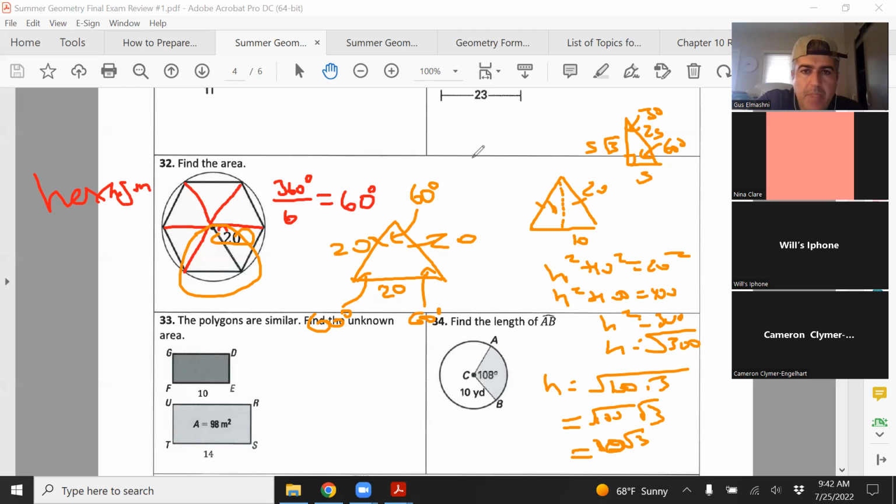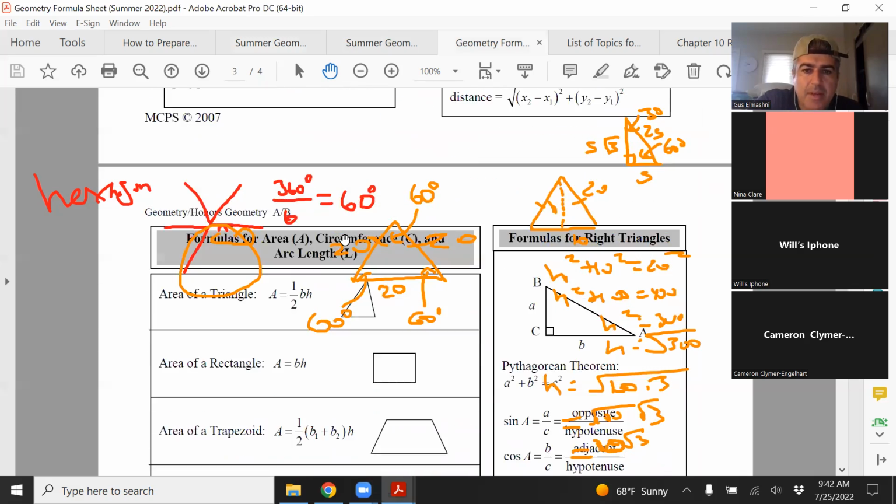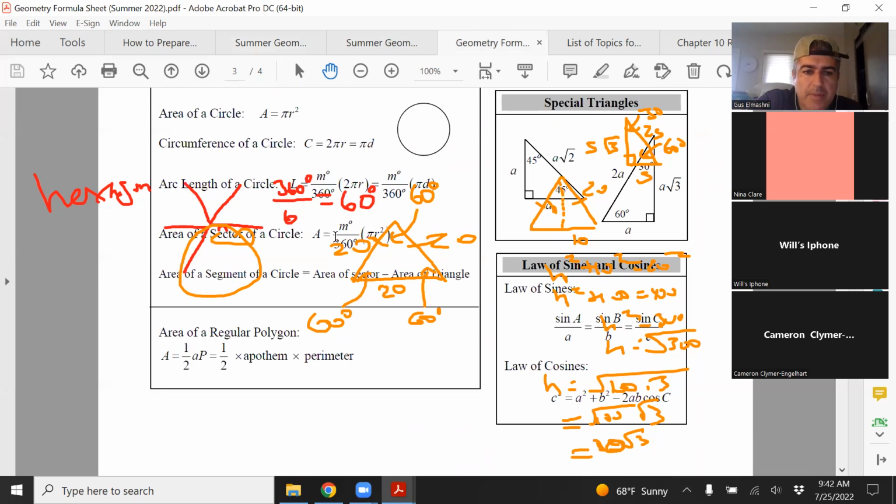And the formula for a polygon, which is given to you right here, I mean, you have to do some work, obviously, before you get to that point. Plug into the formula, but the formula's right here. 1/2 times apothem times the perimeter. Well, the apothem is the height, which now I know is 10 root 3.